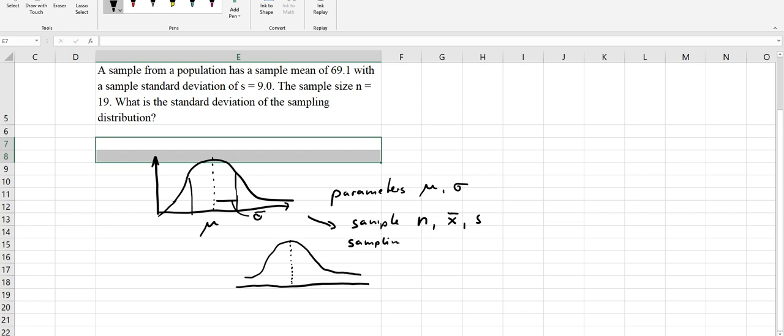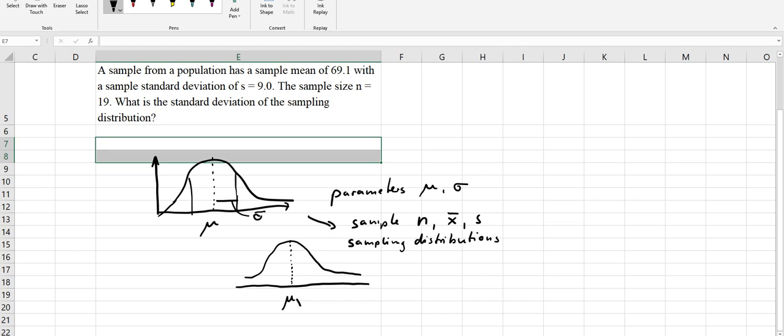So, the sampling distribution for all of our samples. And this sampling distribution, again, is a population, because we can do that 1,000,000 times.